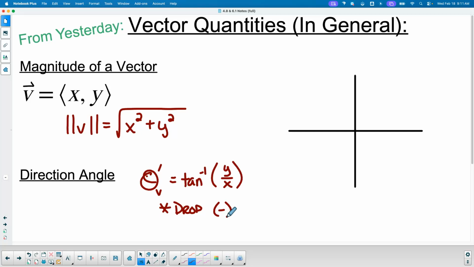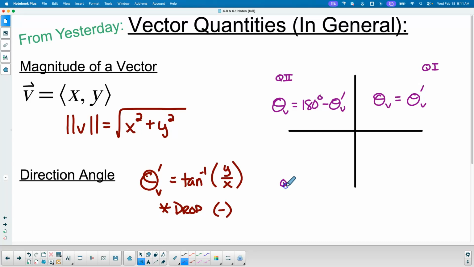So depending upon the positivity there, if you are in quadrant number 1, then actual direction angle is equal to reference angle. If you are in quadrant number 2, actual direction angle is 180 degrees minus the reference angle.